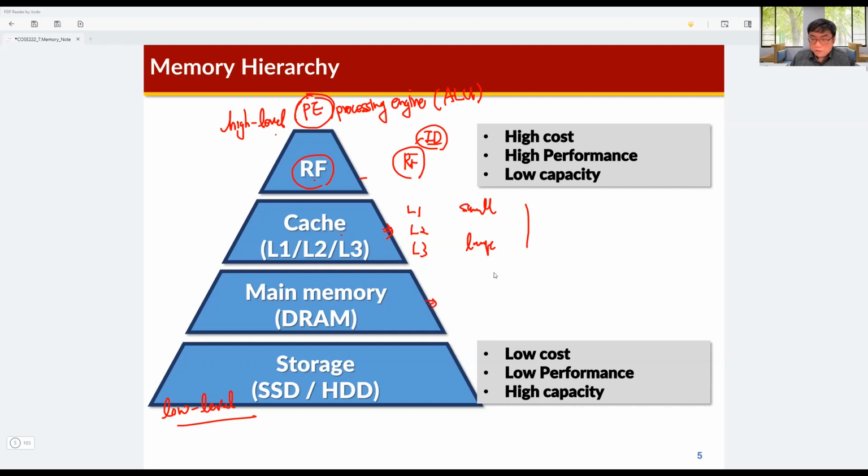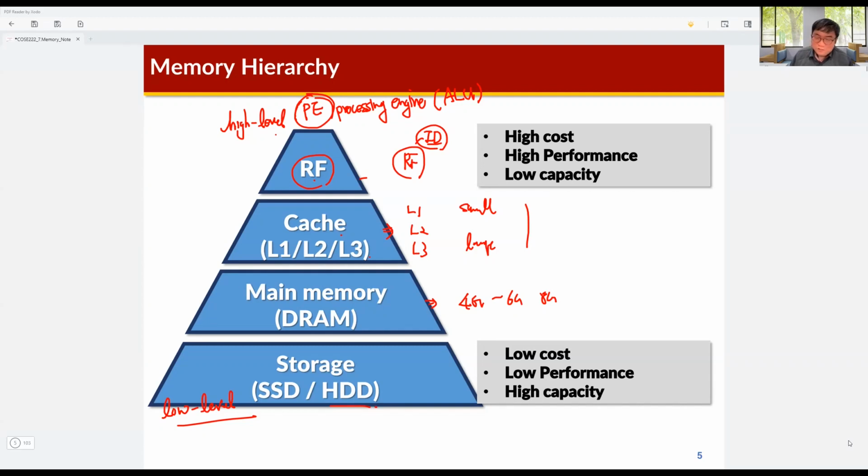We usually use 4 gigabytes to 6 or 8 gigabytes of DRAM in our smartphones, laptops, or desktop computers. Compared to the cache memory, the size of the main memory is very large, but the speed is low. How about the storage, SSD or HDD?